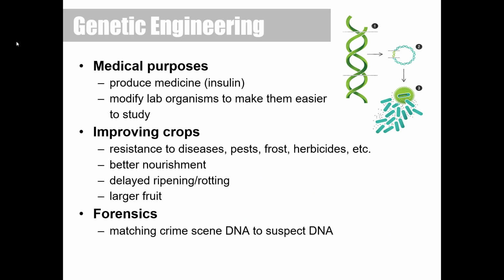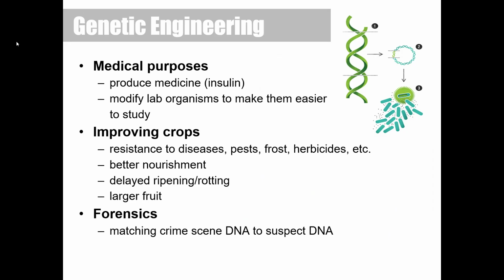We can make crops that are resistant to diseases, pests, frost. We can make crops that provide better nourishment. We can make crops that have certain traits like a certain sweetness. We can make watermelons that don't have seeds. The possibilities are really endless with using genetic engineering in the field of agriculture.